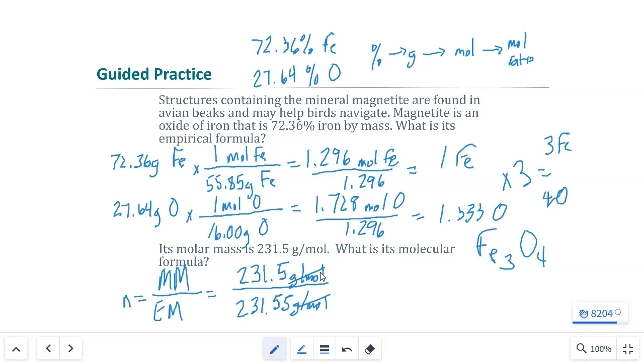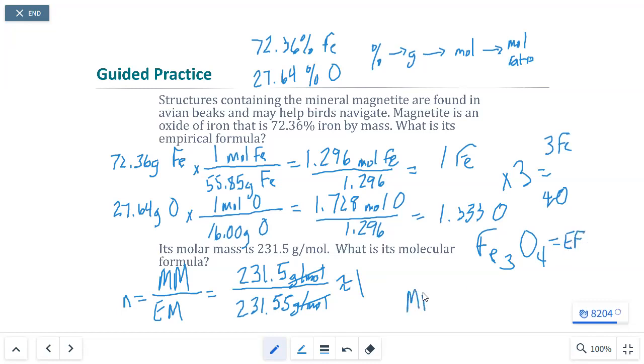So even though you're going to plug this into your calculator and get 0.999, you're going to round that up. That's pretty much 1. And so this was our empirical formula.